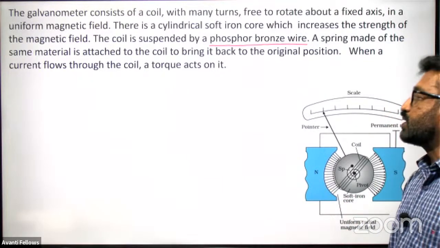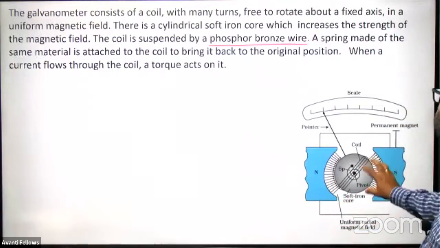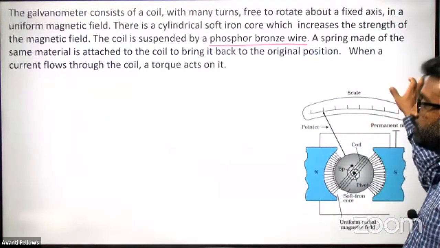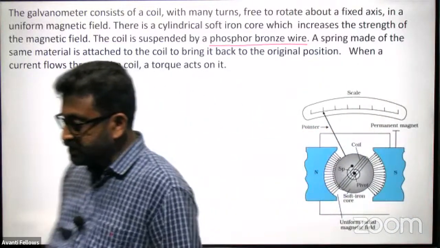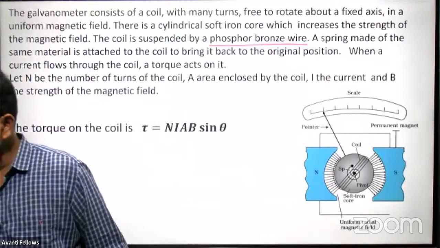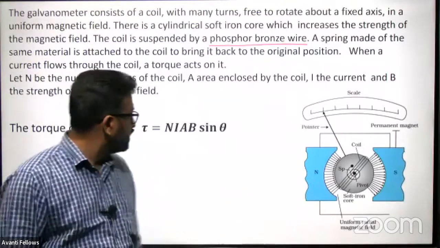When a current flows through the coil, it will rotate, and when the coil is rotating, the needle also rotates. The torque on the coil is NIAB sin theta.